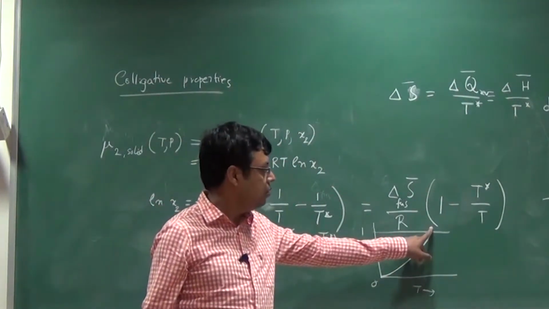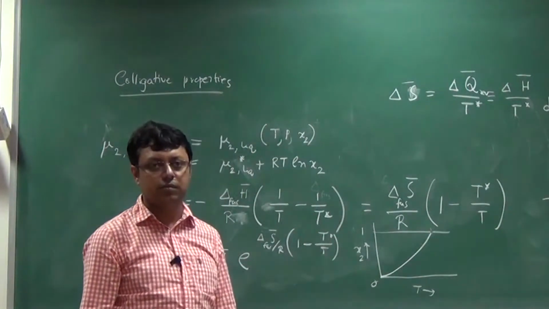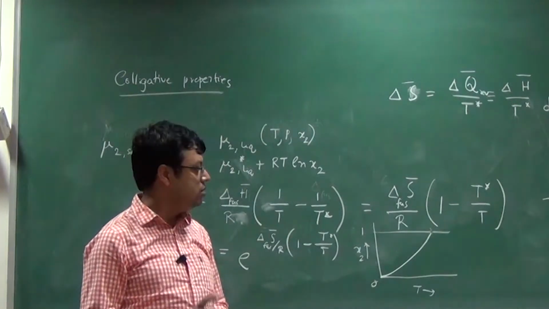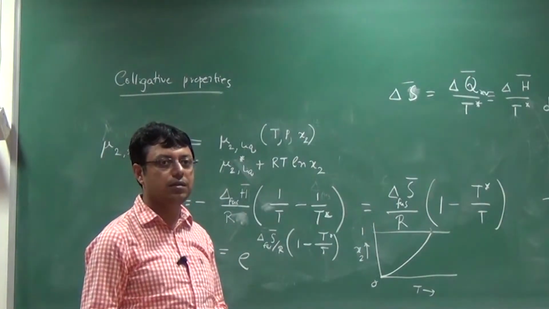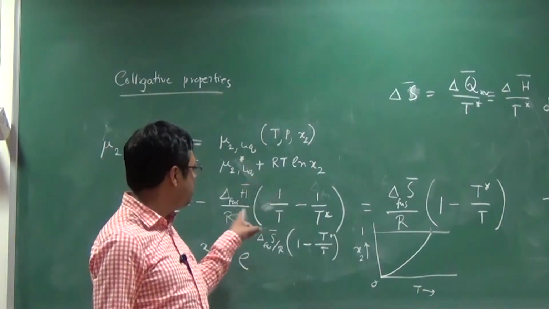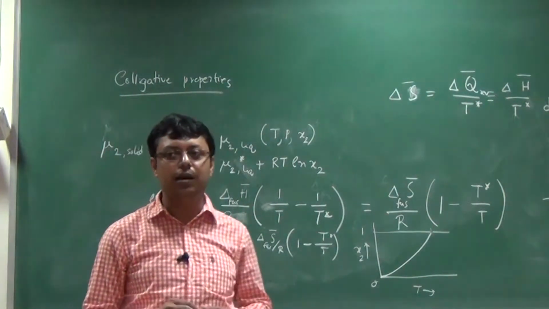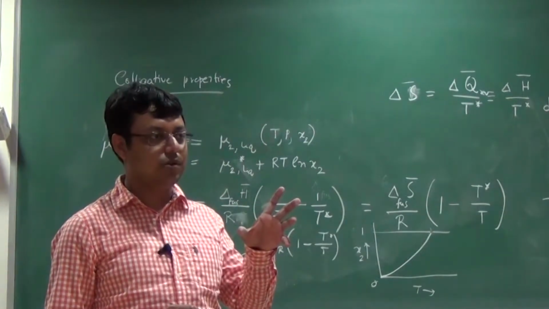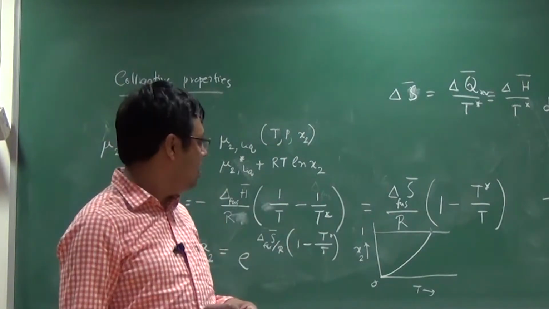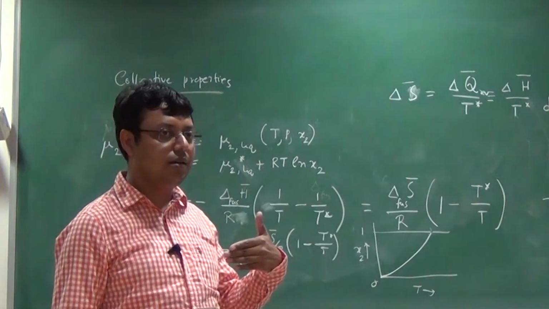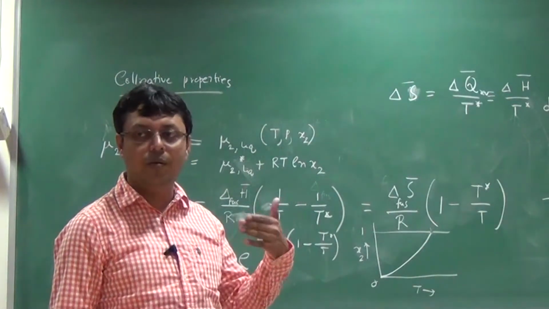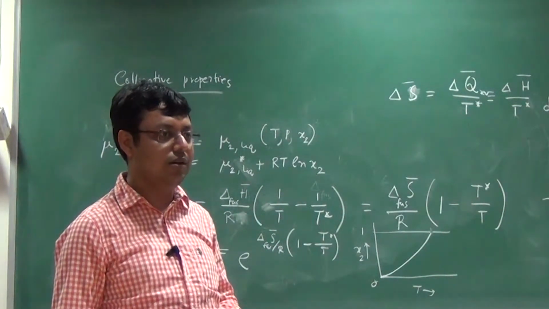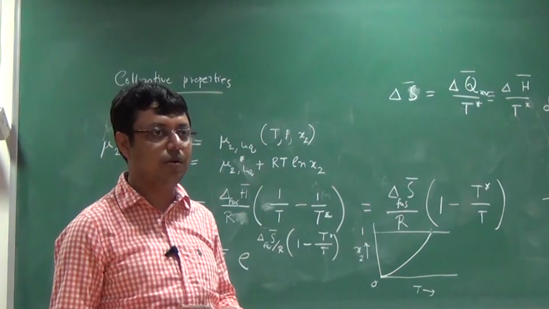And what is this point? It is when T is equal to T star. This tells you how the solubility is changing, which is very interesting. What was T star? T star corresponds to the fusion process, which is the melting. Suppose I have a solid, and I start from a temperature below the freezing point, or the fusion point, of the solid.